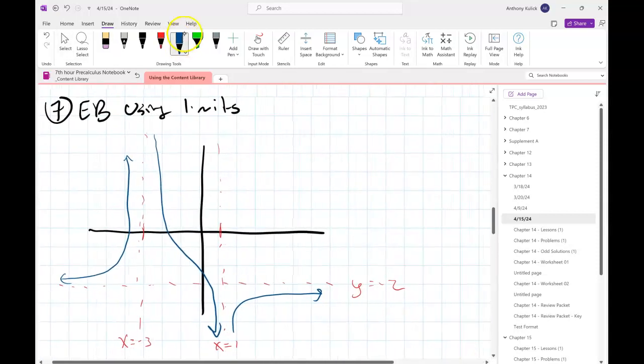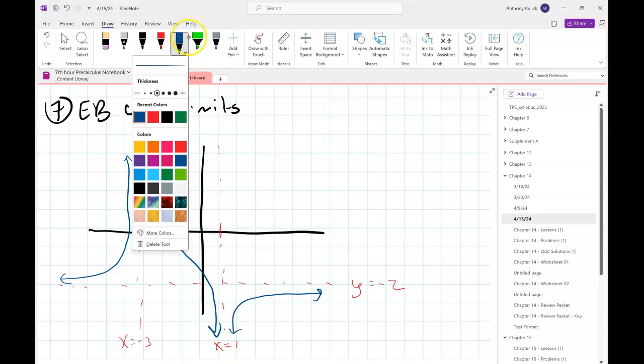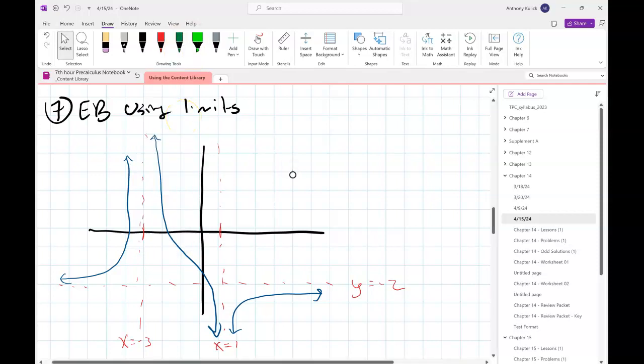So the next question here, it says, write the end behavior for the function using limit notation. So let's say for a problem like this, I'd give you a picture like this and ask you to write the end behaviors using limit notation. How many end behaviors should you have to write for this problem that you're looking at right here? 6.